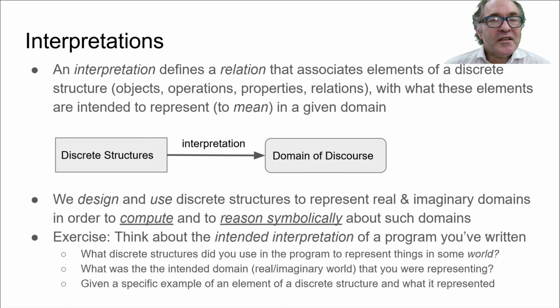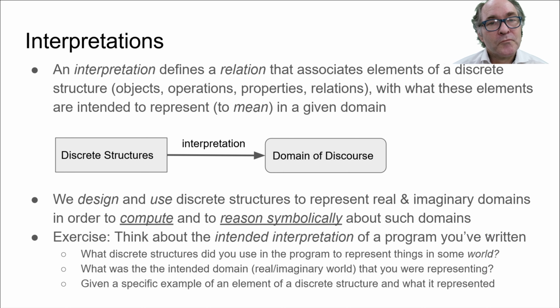Okay, so let's make a note about vocabulary. We use the word interpretation to define a relation that associates elements of a discrete structure with what these elements are intended to represent in a given domain.